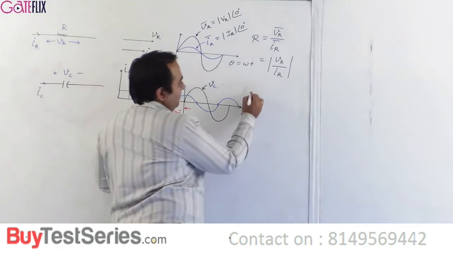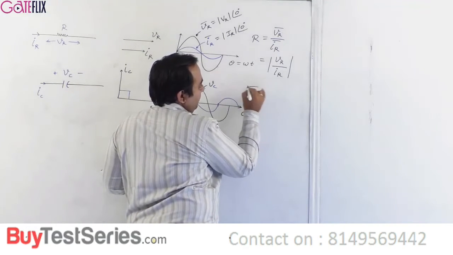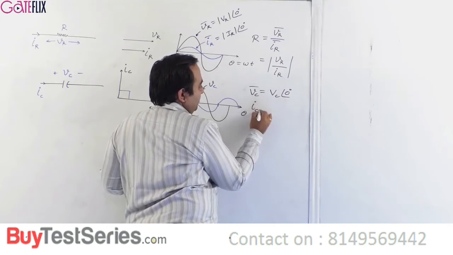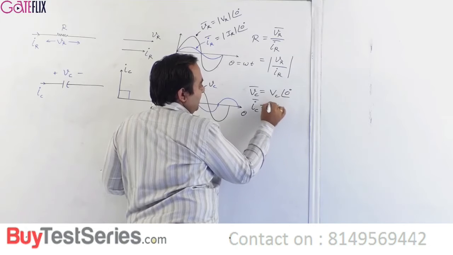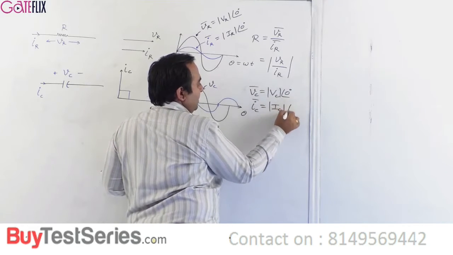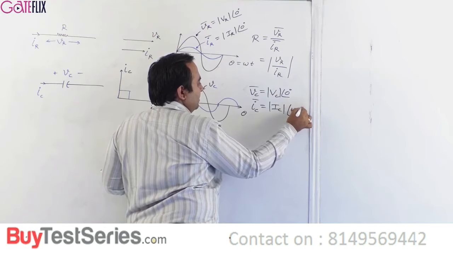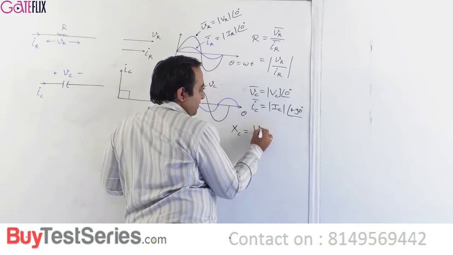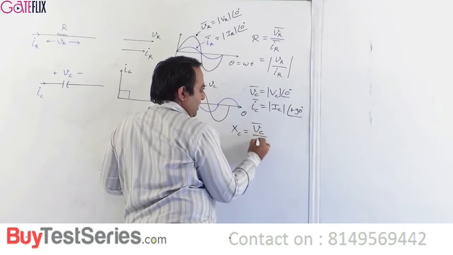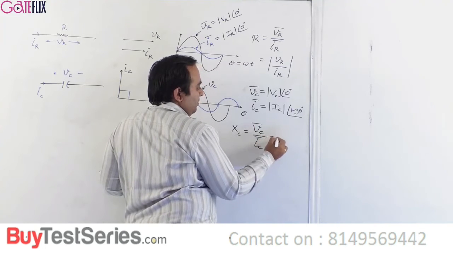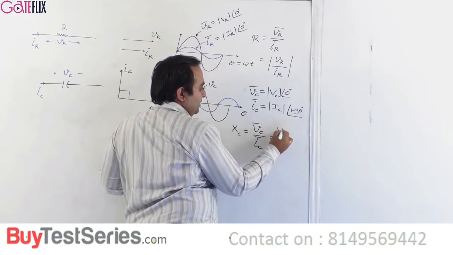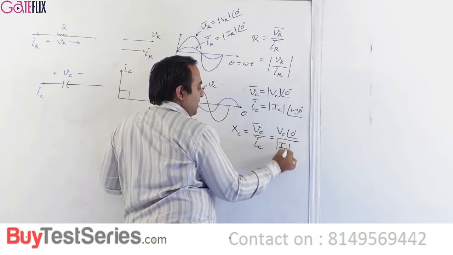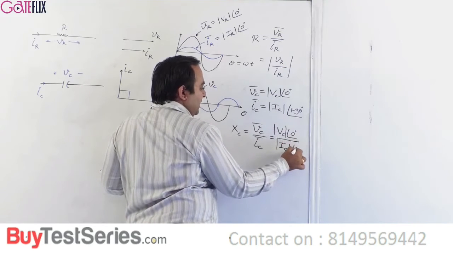So if you take VC as a phasor, which is VC angle 0 degrees, and IC as a phasor, IC magnitude angle plus 90 degrees, then the capacitive reactance XC, which is VC phasor upon IC phasor, becomes VC angle 0 upon IC angle 90 degrees, these being magnitudes.